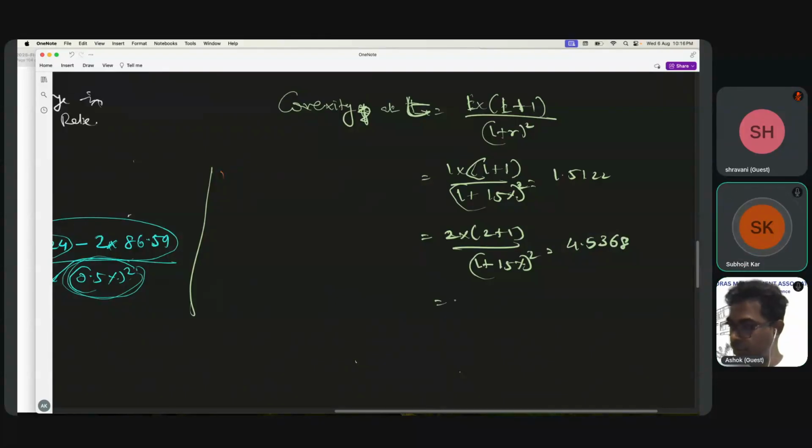Next one, 3 into 3 plus 1 divided by 1 plus 15 percentage, square. 9.0737.